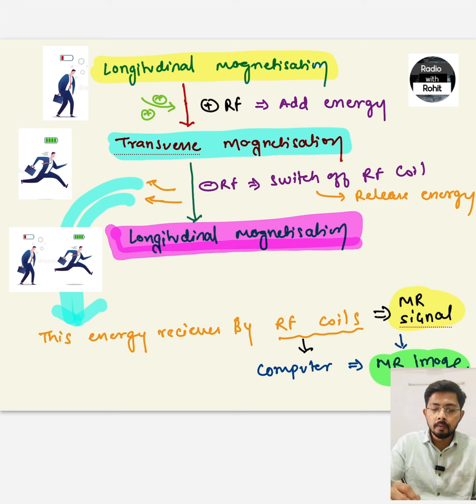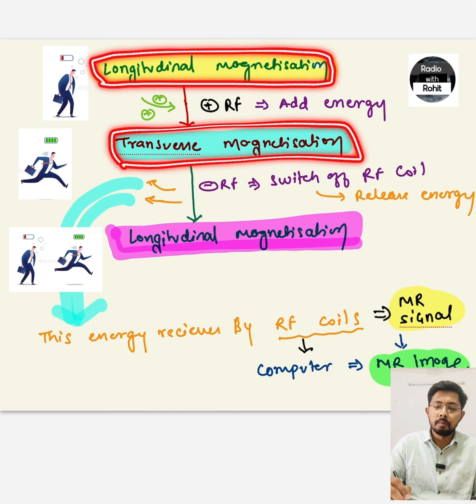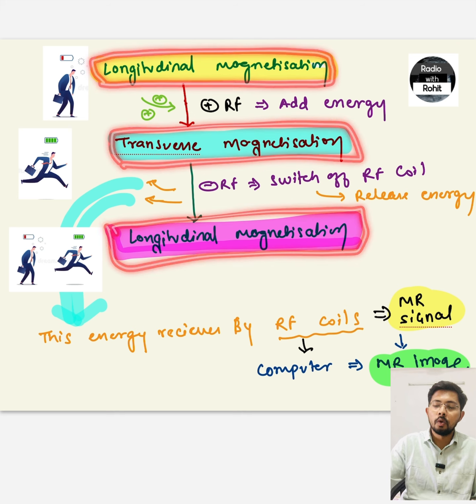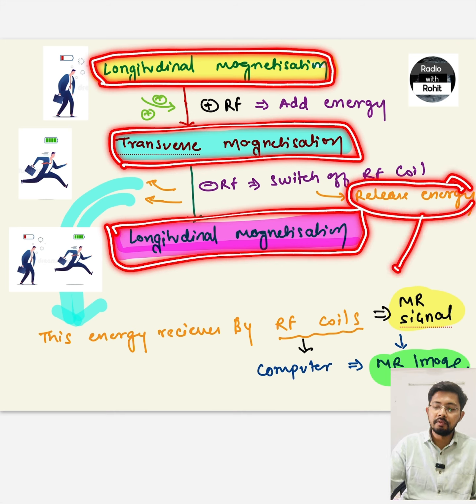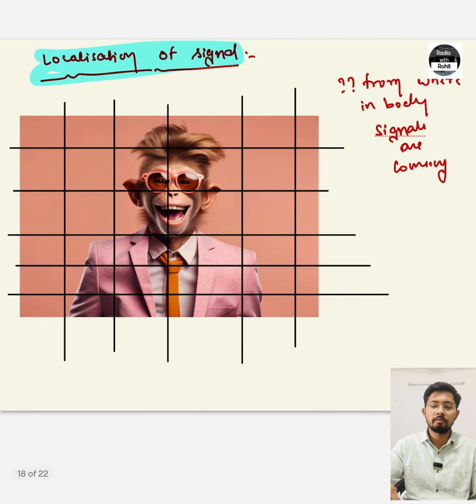So the journey of the person from the longitudinal magnetization to the transverse magnetization and back to the longitudinal magnetization will release some energy, and we will receive this energy in the form of the MRI signal, and we will transform this MRI signal into the MR image on the computer with the help of Fourier techniques.